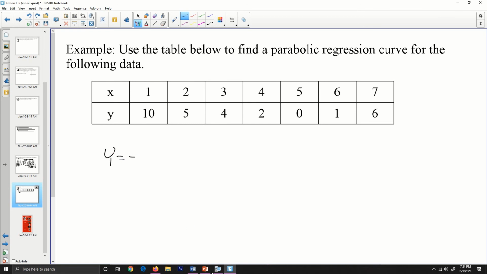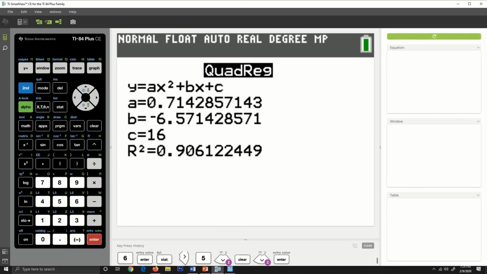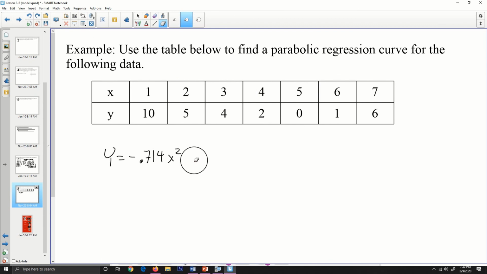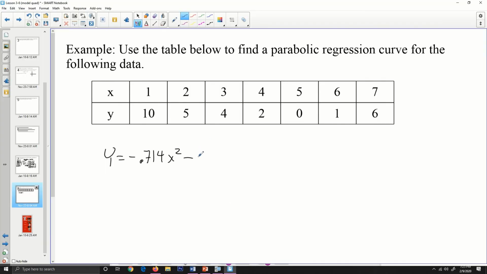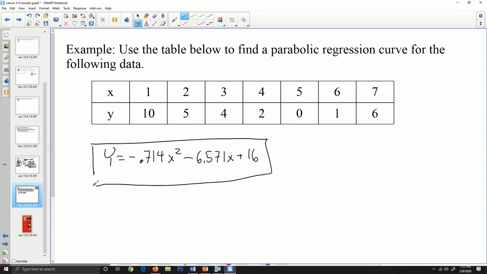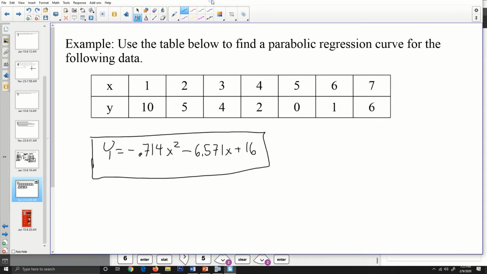Y equal to negative 0.714x squared, minus 6.571x, and then plus, I had 16 there at the end. That is my equation, and I am done with that.